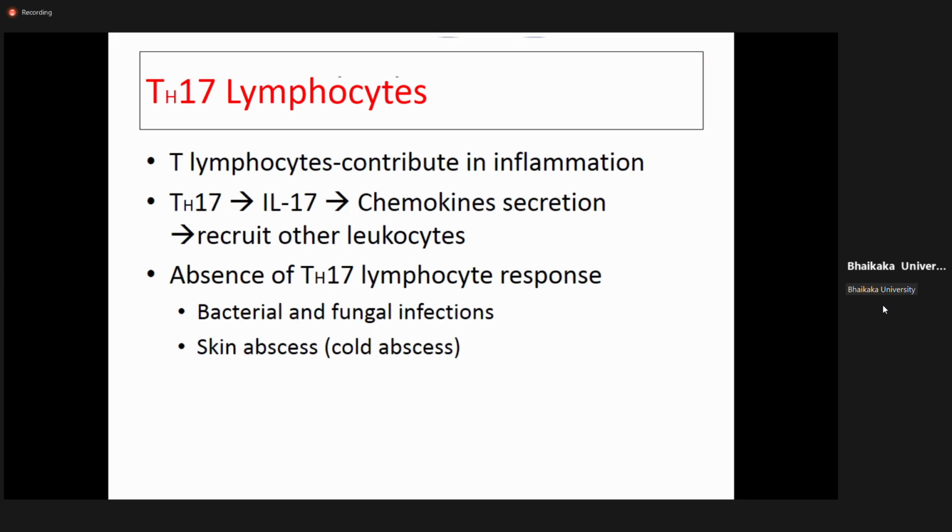The part will not be warm to the touch and will not become red. So these are known as cold abscesses, which are commonly seen in the skin of a person who is deficient in T helper 17 lymphocyte function.